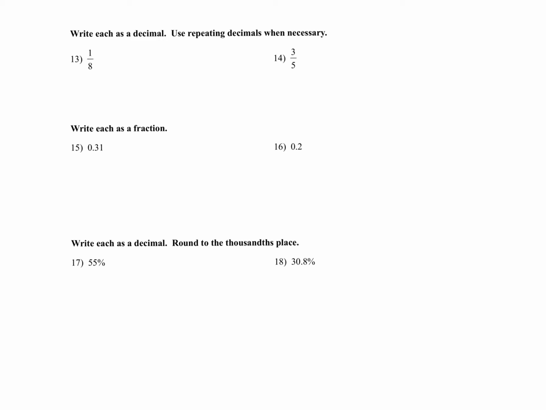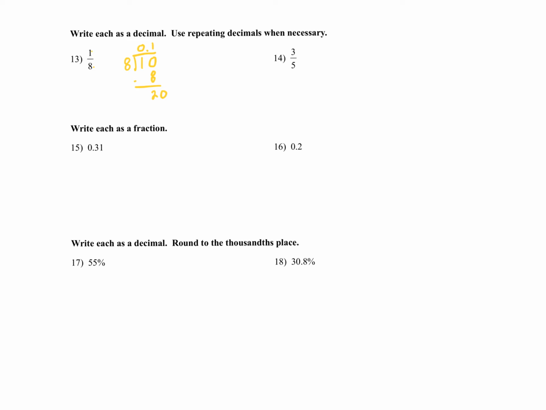So here we go. We're going to say 1 divided by 8, because that's what that means. How many times does 8 fit into 1? Well, it doesn't, so I'll have to use a decimal place. We'll add a 0. How many times does 8 fit into 10? Just 1 time. 1 times 8 is 8. Subtract, 10 minus 8 gives me 2.